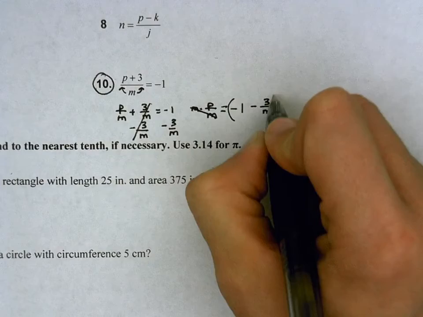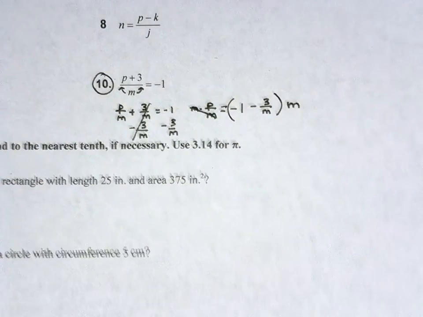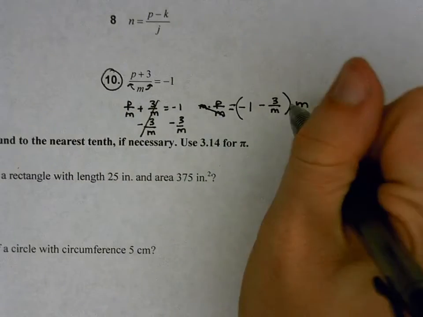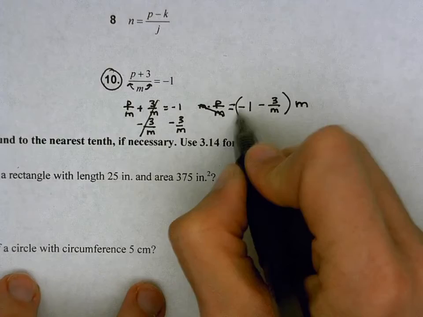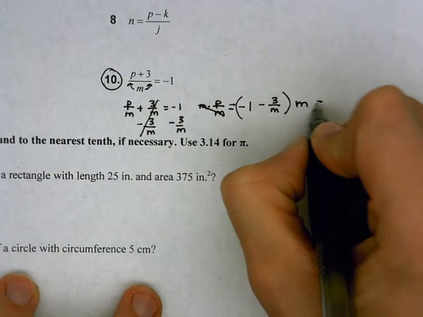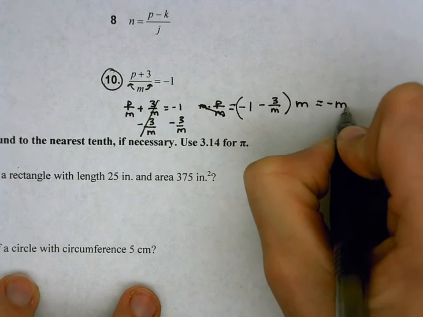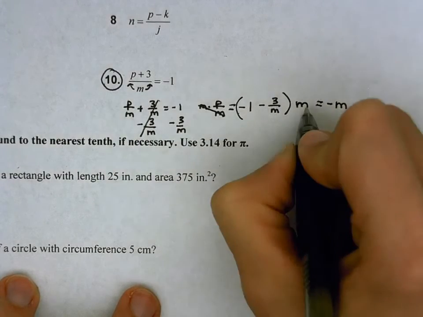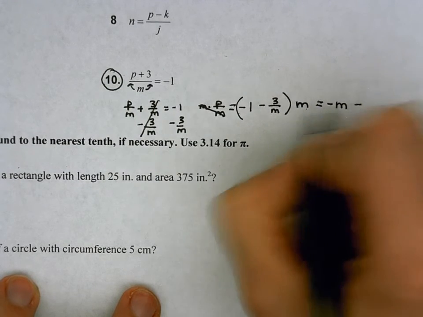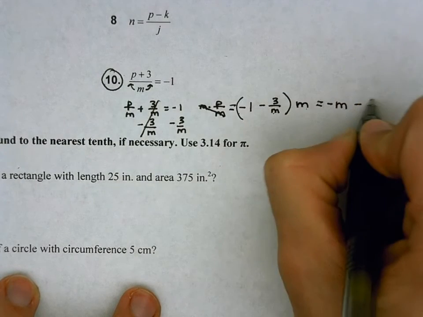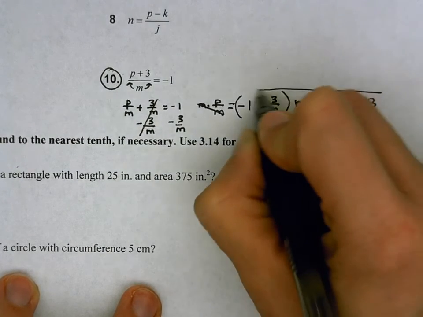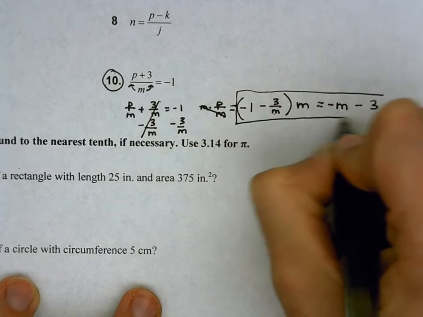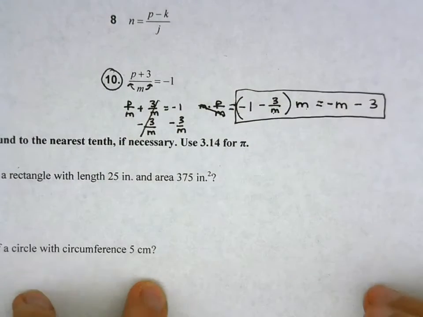We're going to multiply both sides by that m. Okay, and so then if we distributed the m in, we'd get -m, because -1 times m is -m, minus the m's would cancel here, which is 3. And so that would be with the distribution.